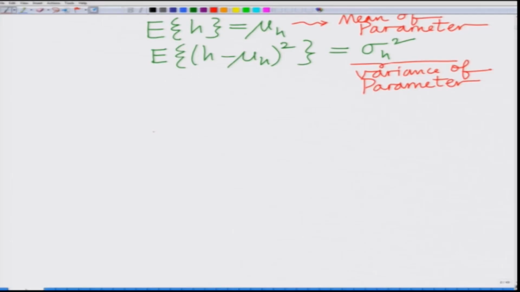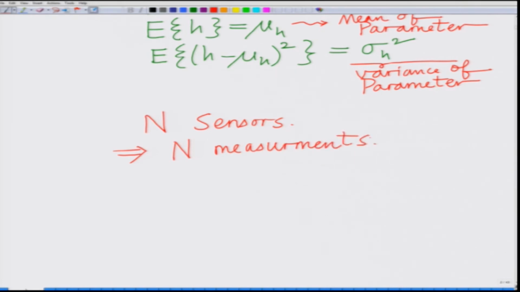Okay. So, we consider a WSN with N sensors, which implies that there are N measurements.